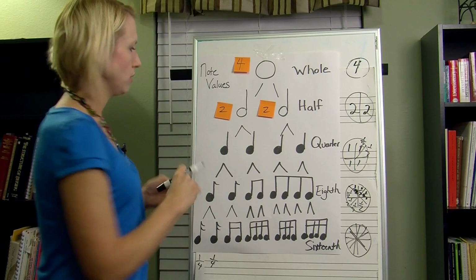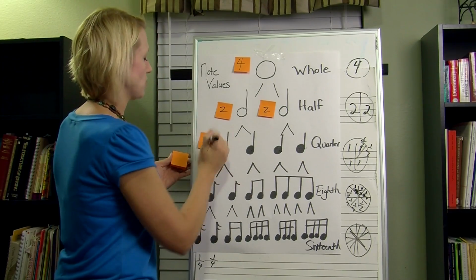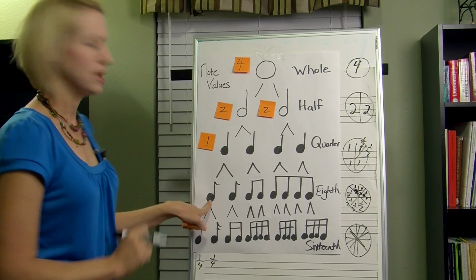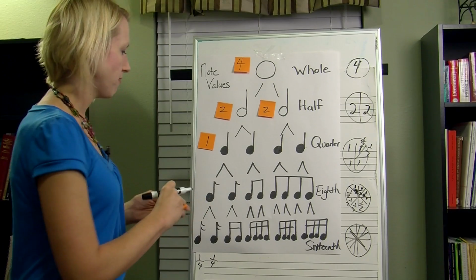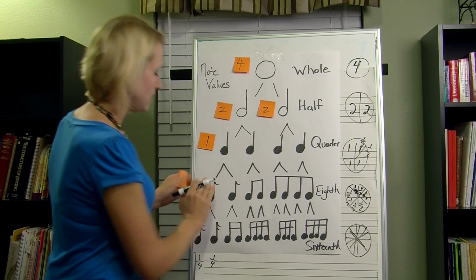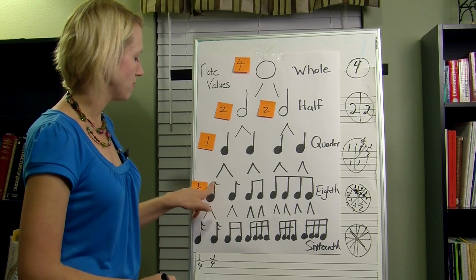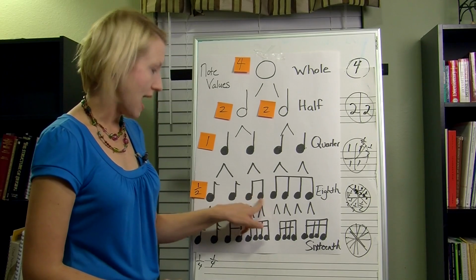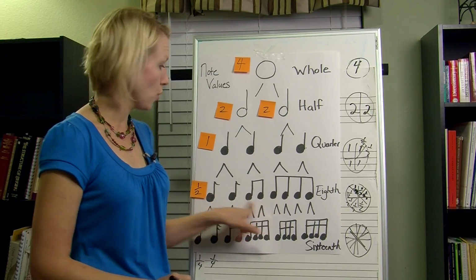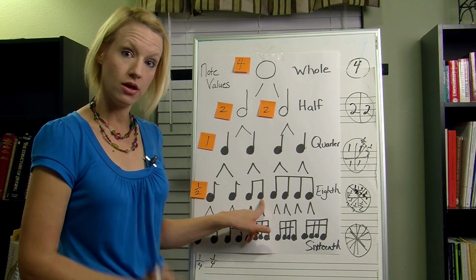Quarter note, we would have 1, 1, 1, 1. Okay, so each of these, I'll just write a 1 over there. Each of those is worth a 1. Each of these eighth notes is worth a half. And now when I say each of these eighth notes, each note head is what we're talking about. So either the one with the flag, that's a half, that's a half. Now, each of those are a half, so that's a half and a half. Or if we wrote them together, what would a half and a half be?